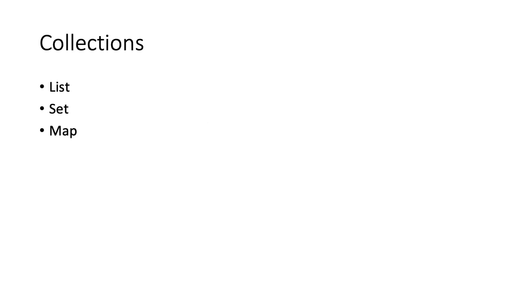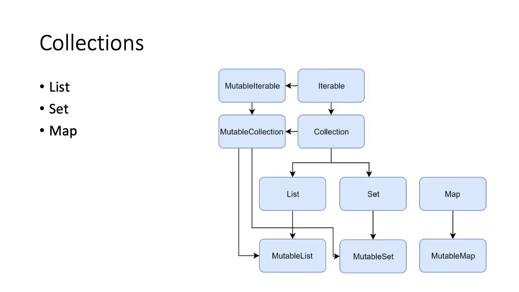Kotlin supports standard collections, which you have seen also in languages like Java, list, map, set. Here is a general inheritance diagram for collections. It shows list, set, and map.